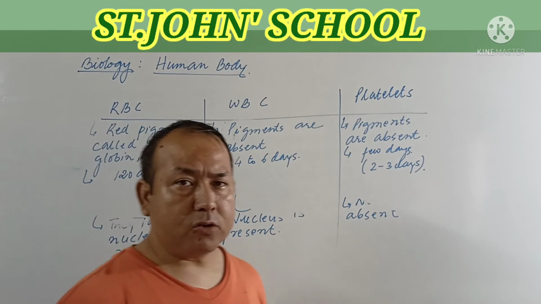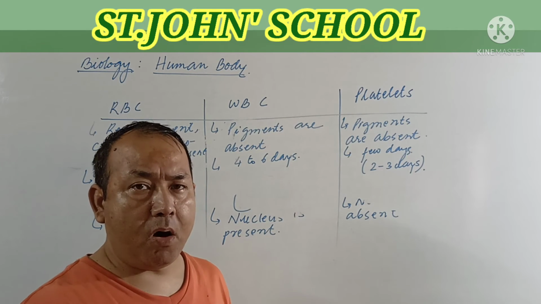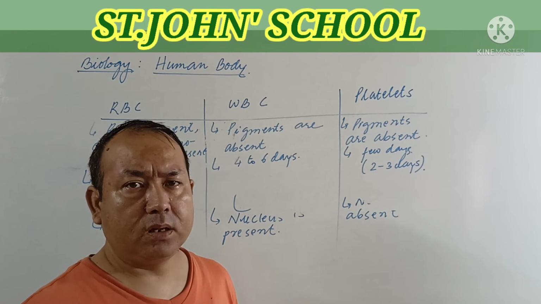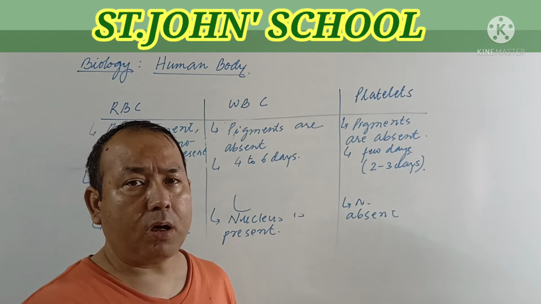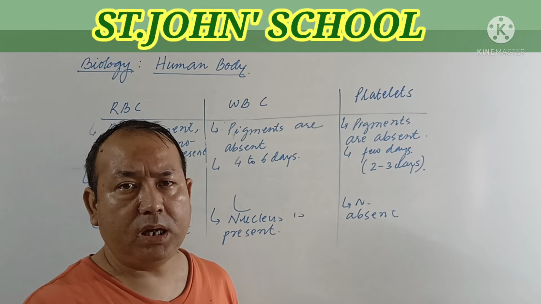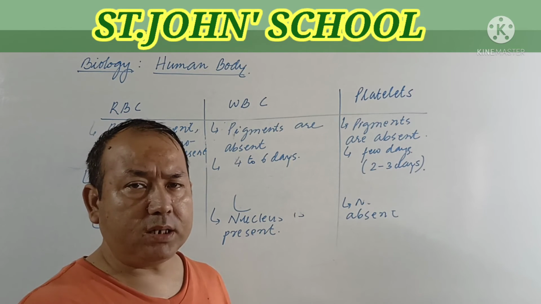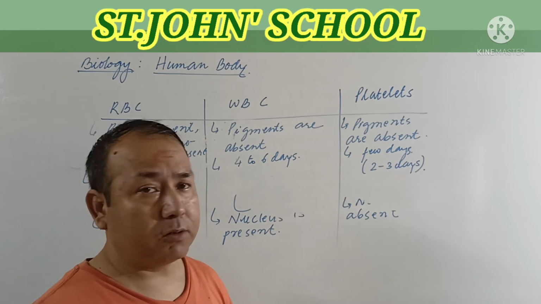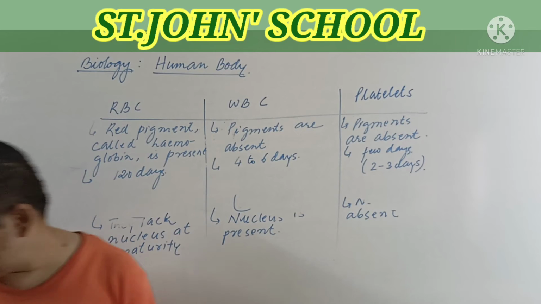Then again you can also compare in terms of their size. Among the 3 cells, WBC is the largest cell. The RBC is smaller than WBC and bigger than platelets. And the smallest cell of the blood is platelet. Okay, platelet is the smallest blood cell.